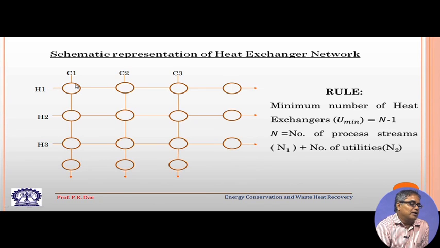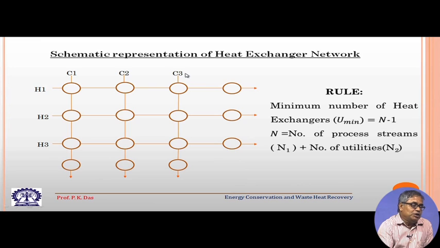So, it is the temperature of the stream C1 that is gradually being increased, but that increase may not be sufficient for achieving the target temperature for C1. So, at the end we should have the utilization of some hot utility to bring it to the target temperature.